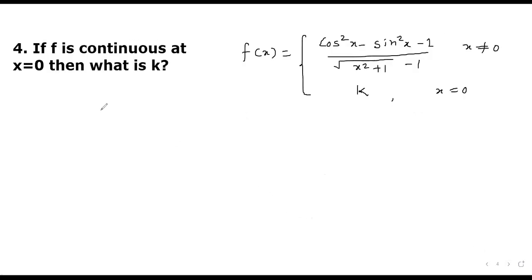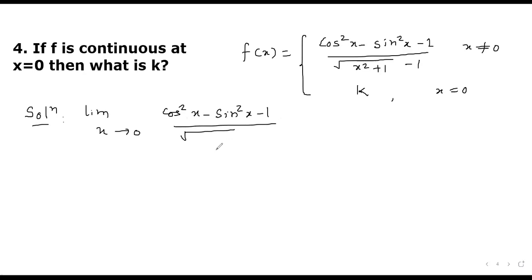Let's consider the next question. If f is continuous at x equal to 0, then what is the value of k? Let's consider the solution. Here again, we will consider LHL and RHL together. So we write limit x tends to 0 of the function cos square x minus sine square x minus 1 divided by root of x square plus 1 minus 1.